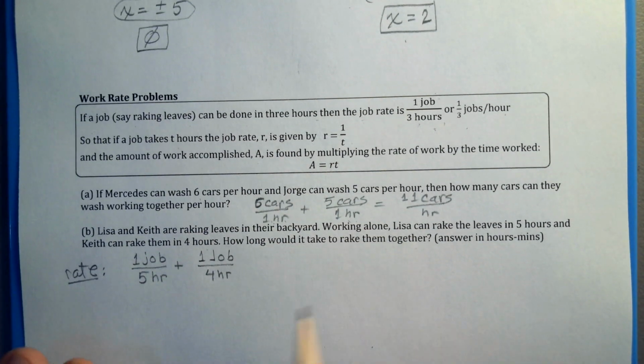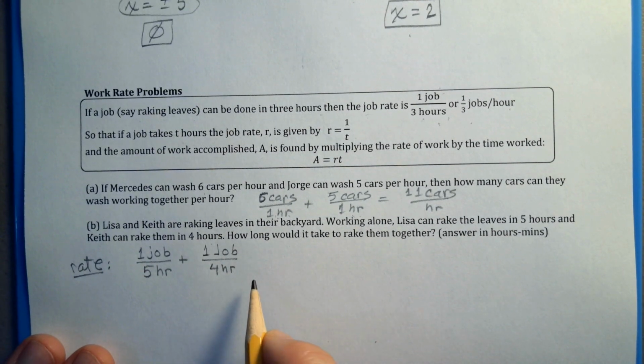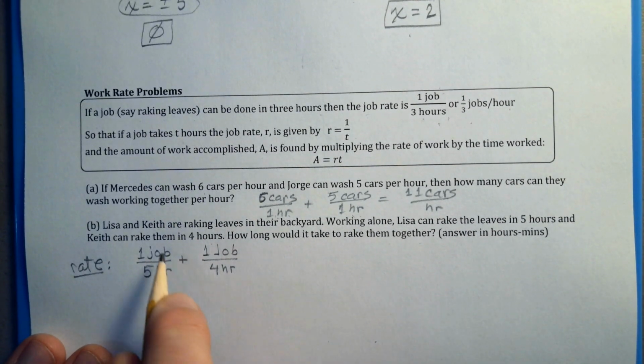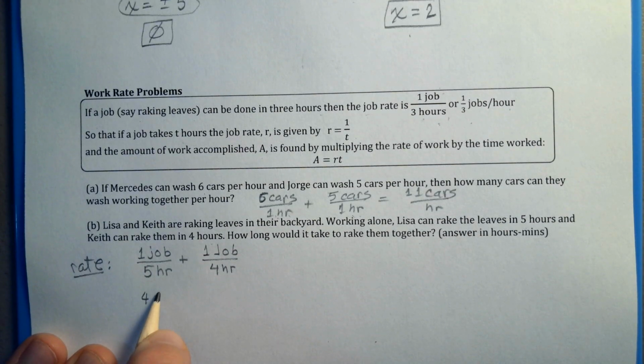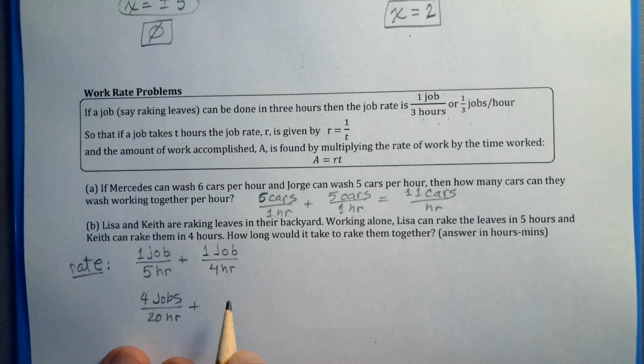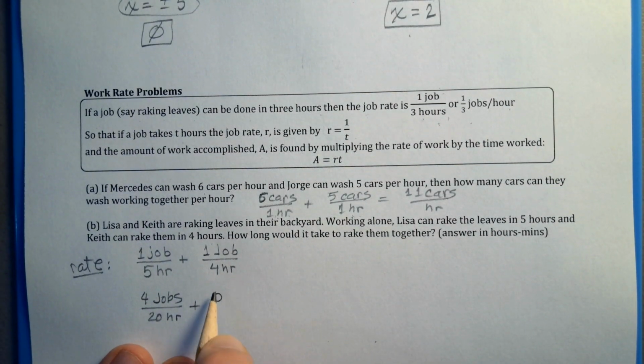All right, so we want to add these up. Of course, we're going to have to get common denominators, multiply top and bottom by 4. So she could do 4 jobs in 20 hours, and Keith could do 5 jobs in 20 hours.